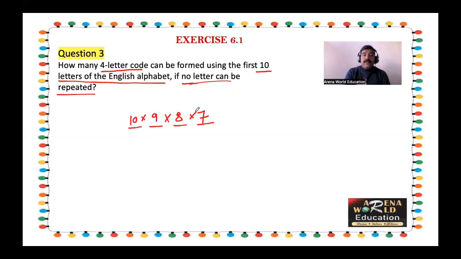So if repetition is allowed, then answer will be 10 into 10 into 10 into 10. But this time it will be what? 10 into 9 into 8 into 7, right? So yes, calculate this one. What will be the answer? 10 into 9 into 8, yes, it will be 5040, right? So in this way, you can solve question number 3.